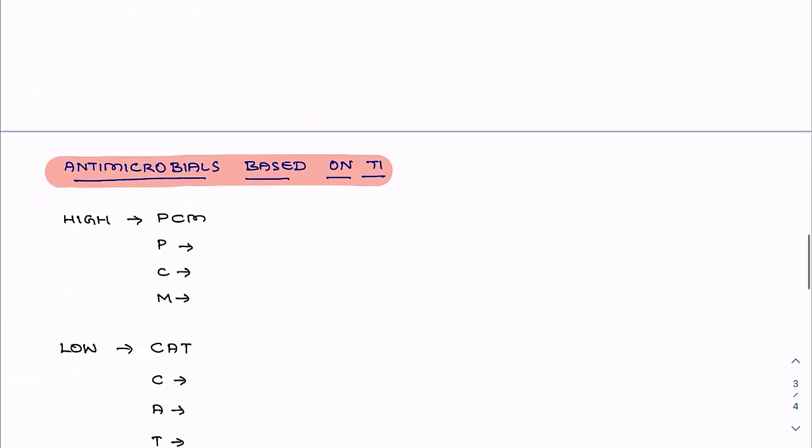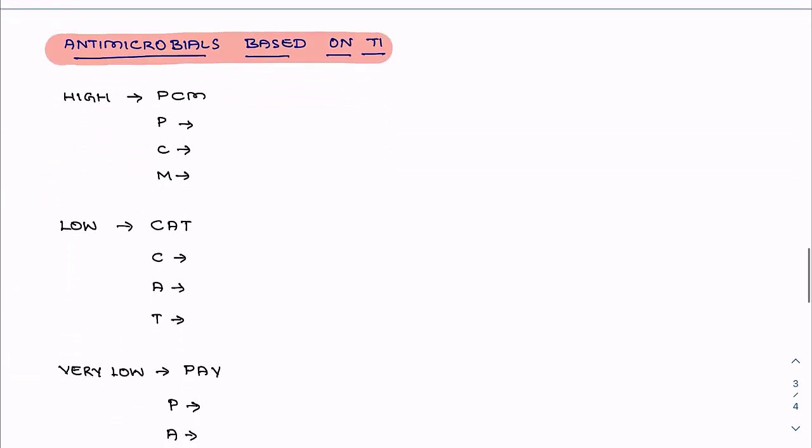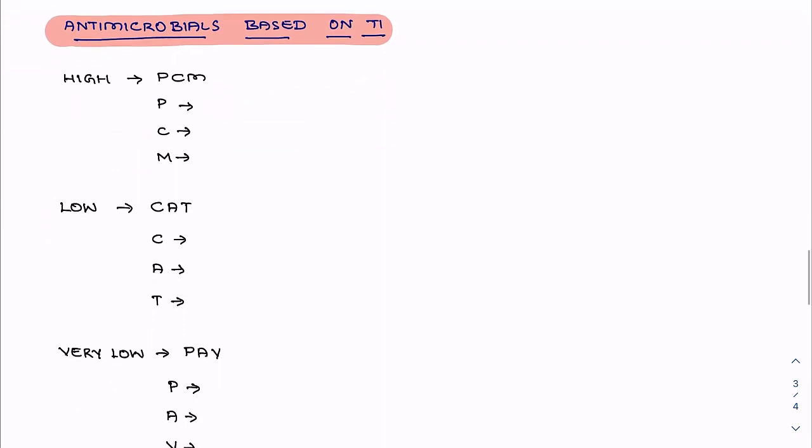Next, moving on to a very important thing: antimicrobial drugs can also be classified based on the therapeutic index. Antimicrobials with a high therapeutic index can be represented by the formula PCM, low therapeutic index by the mnemonic CAT, and very low therapeutic index by PA.